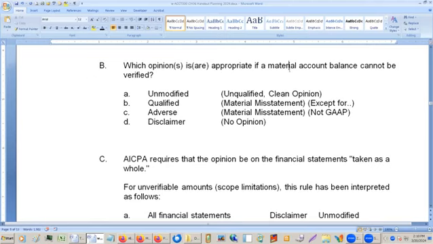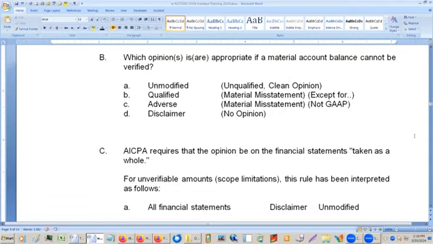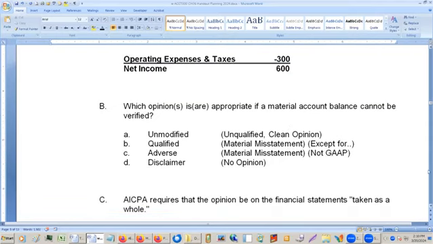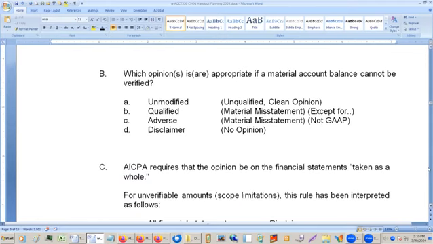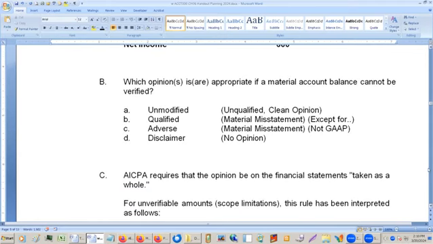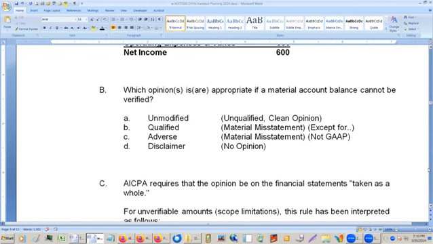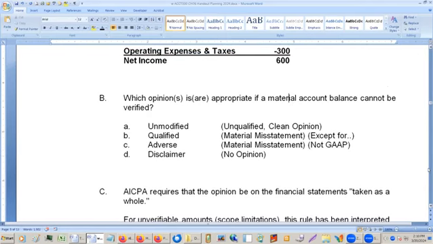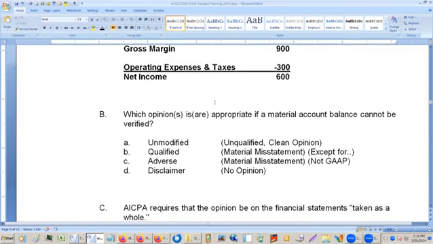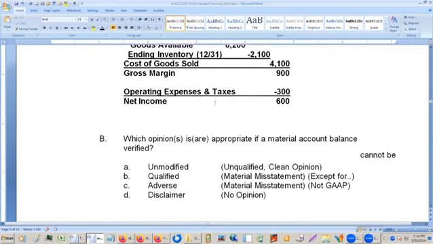So if you can't verify an account, what kind of opinion do they usually get? I have that written a little bit funny, but what kind of opinion are they going to get if you can't verify something that is material?